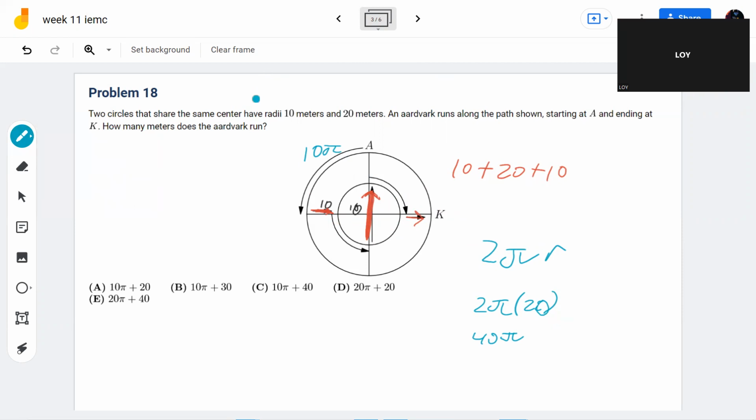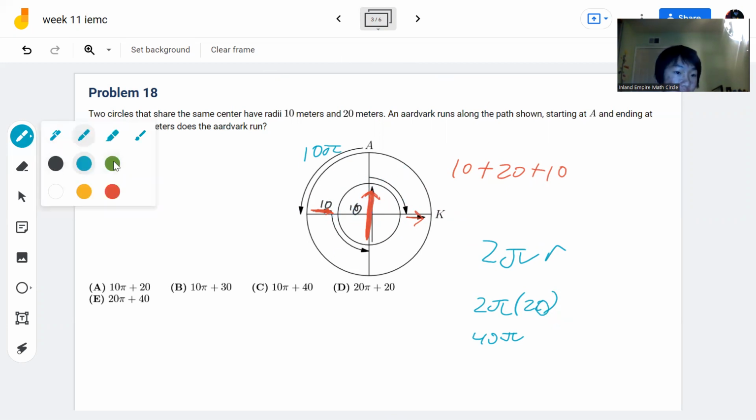Nope. All right, so let's think about these arrows here, right? These arrows are on the same circle. So these two curved ones here, I'll use a different color so it's easier to see. These two curved arrows are both in the same circle. This one up here is going 1/4 of the circumference. The bottom one is another quarter, right? So together this adds up to half the circumference.